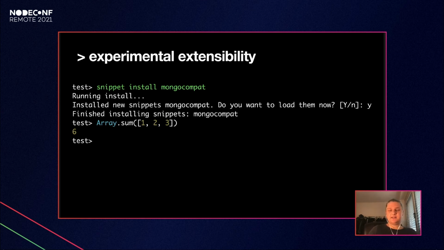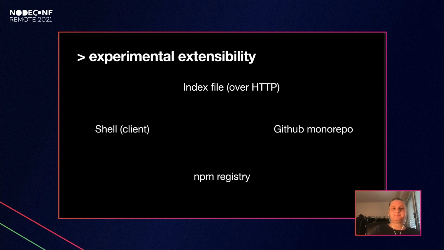And so how does this work under the hood? So there's 4 actors, basically. We have the shell, the snippet package manager running in the shell on the left. We have a GitHub monorepo where all the snippets that we currently have are stored.